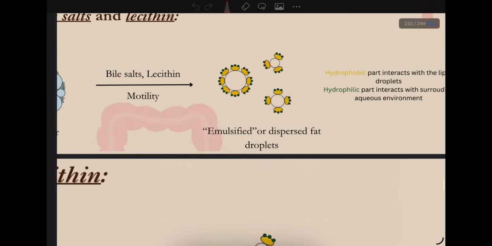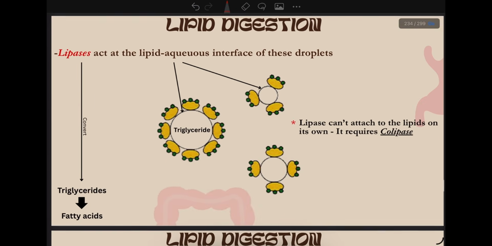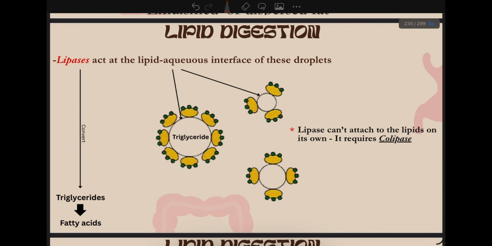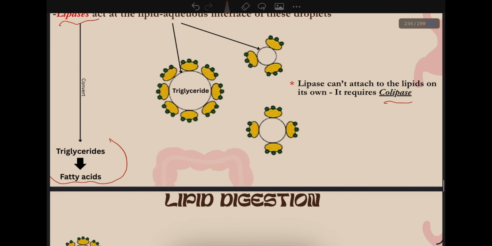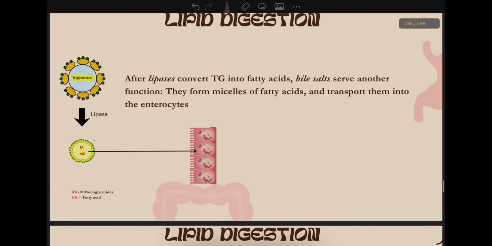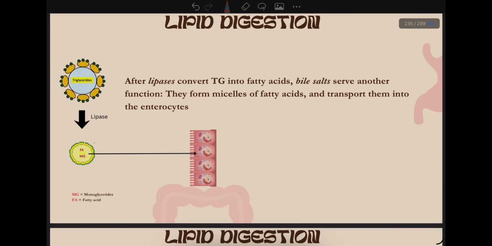Now these small droplets will then be digested using lipases and colipase. After that, they will become these end products, which we have been talking about: fatty acids, for example, and monoglyceride and all of that. They then form micelles.